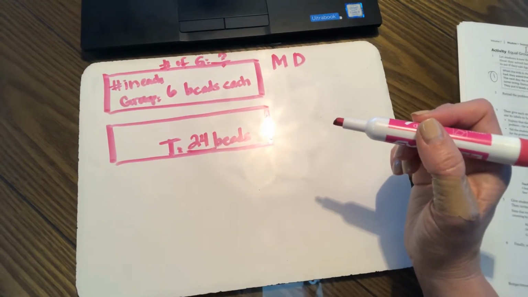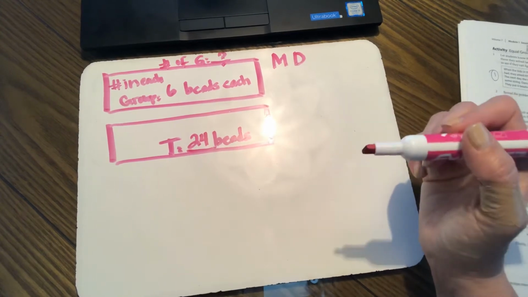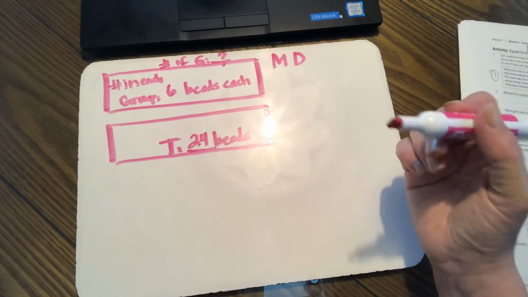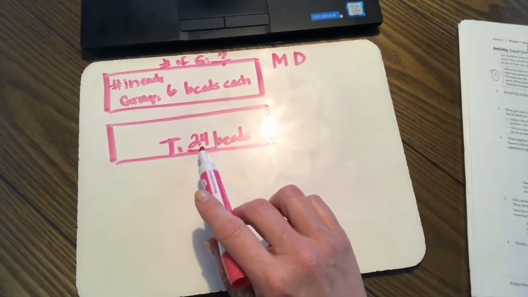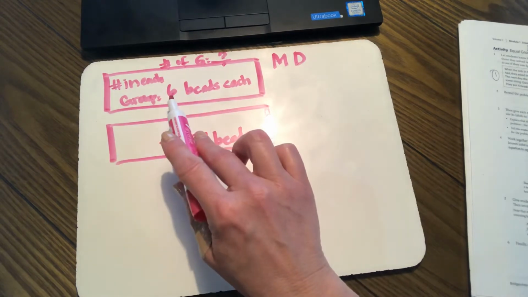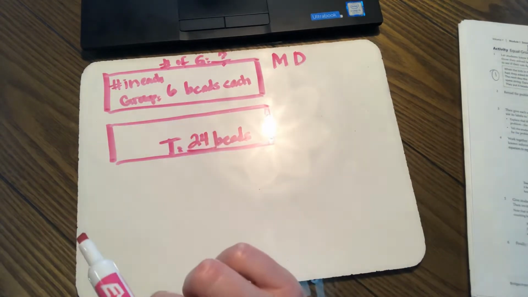A label is the word that comes directly after the number, and it tells us or identifies what the number's talking about. For example, this 24 has a label. It's talking about beads. This 6 has a label, and it's talking about beads.